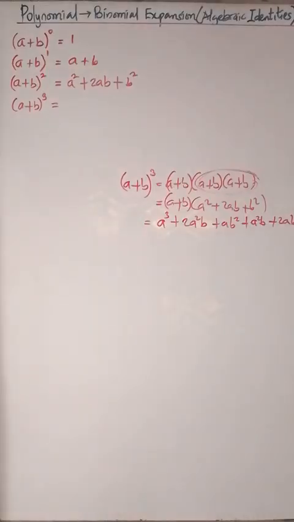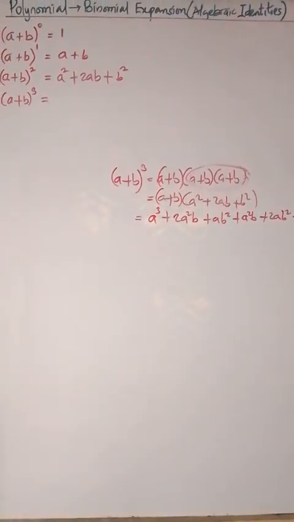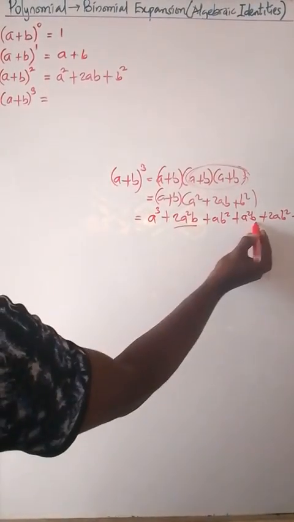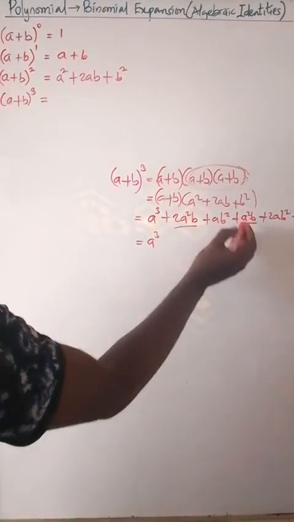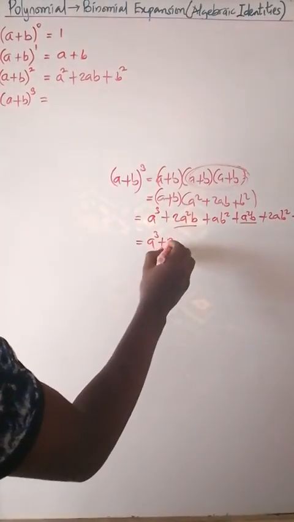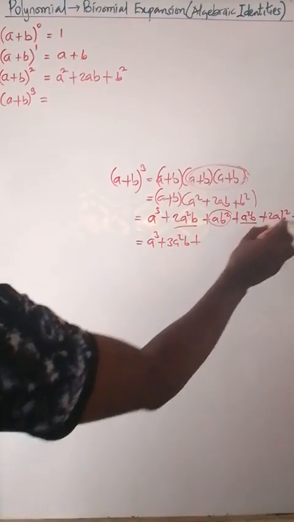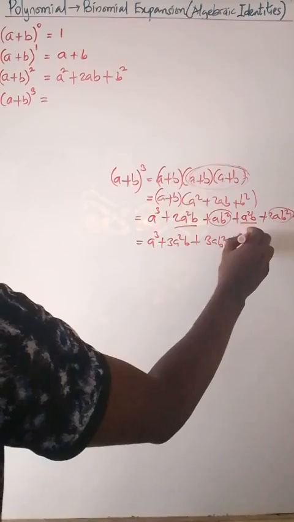So from here, we have some like terms. And where are they? We have a squared b. We have a squared b. So here a cube, 2a squared b, 1a squared b makes 3a squared b. Then we have 1ab squared, 2ab squared, that makes 3ab squared. Then we have b cube.